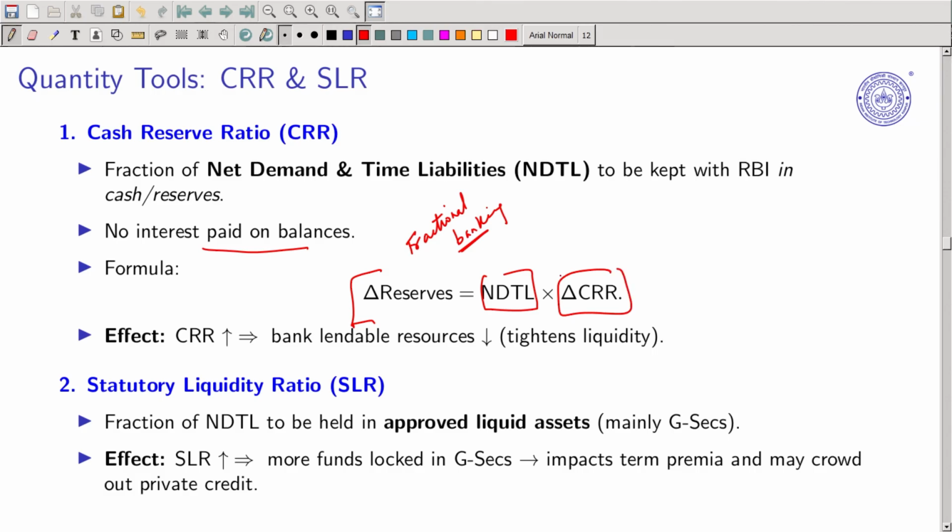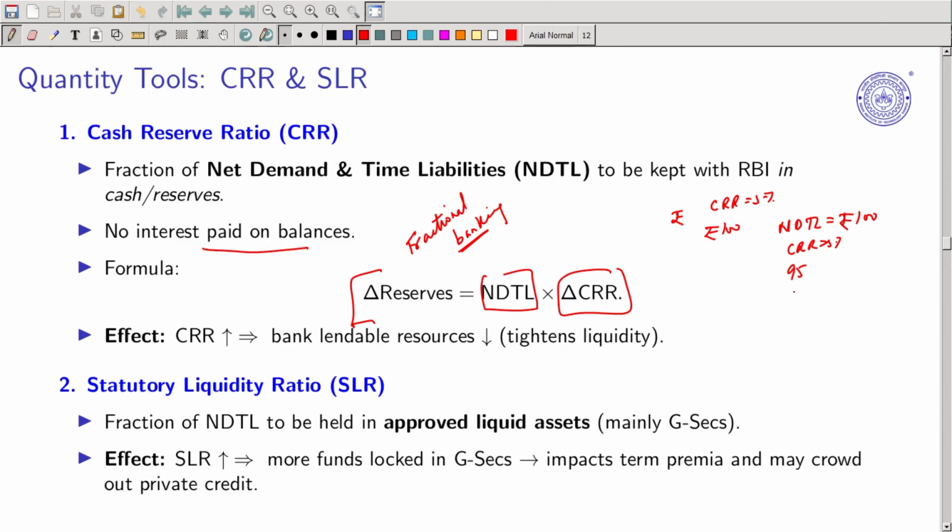If CRR is going to increase, bank lendable resources come down. As I told, if the CRR is 5% and you deposit money in the bank, and the NDTL of the bank is rupees 100, then 5 rupees will be CRR, which means the bank can now lend 95 if there is no SLR.